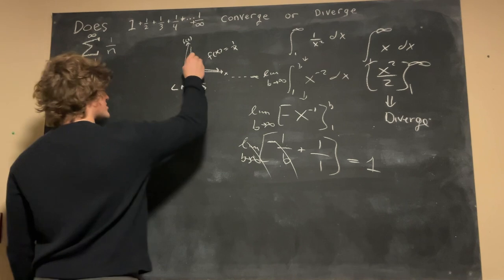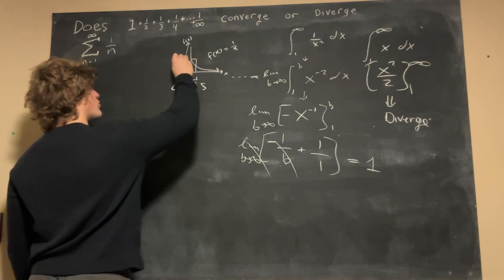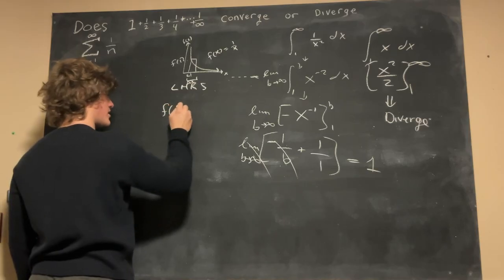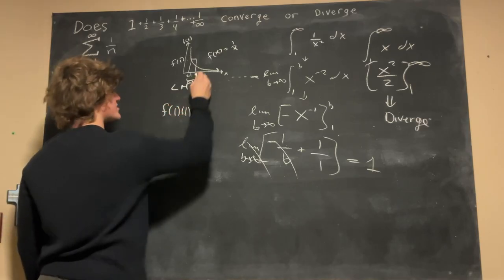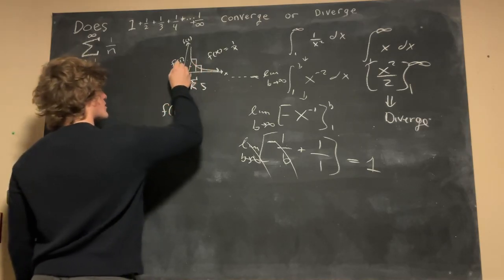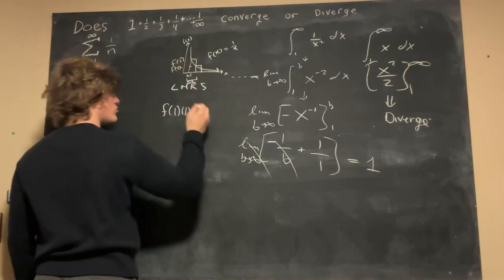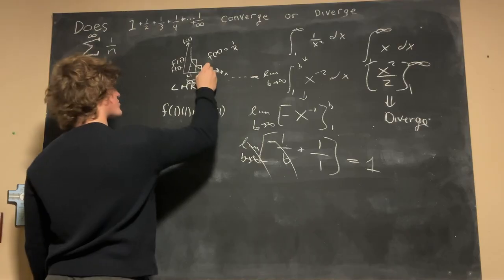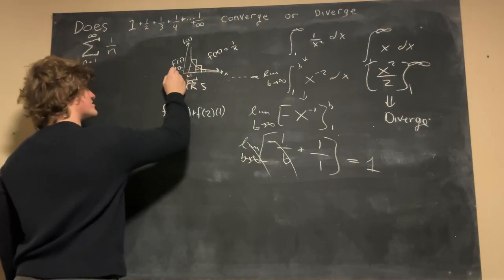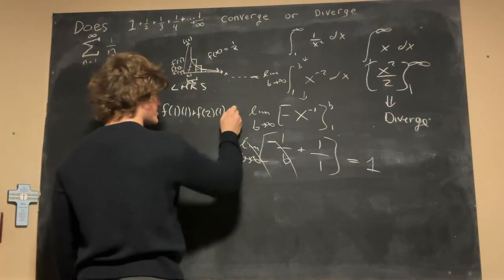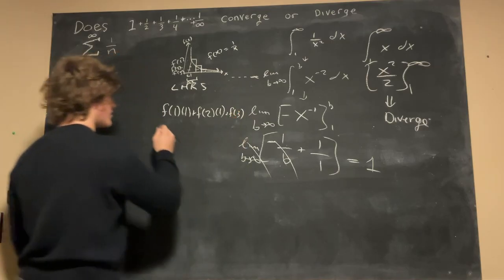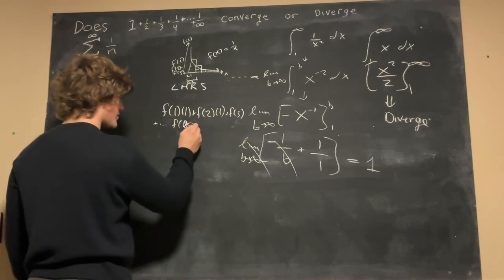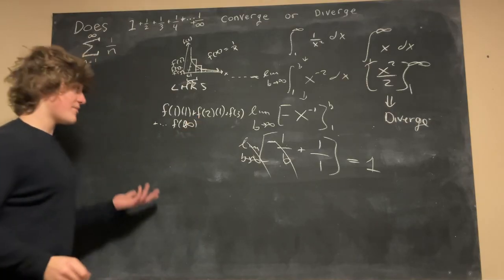So this is f of 1 times 1, plus f of 2 times 1, plus f of 3, plus all the way up to f of infinity times 1. So it's all times 1.